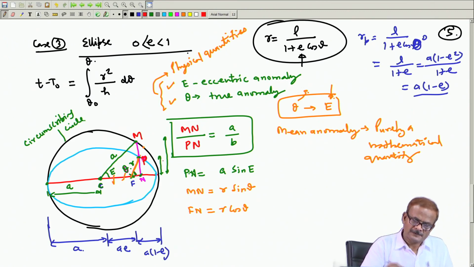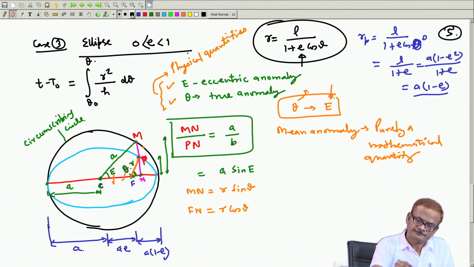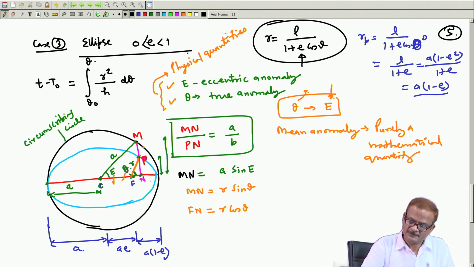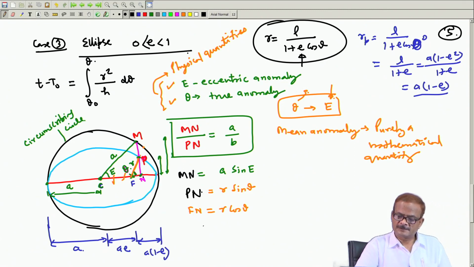So I will change here in this place also. Mn will be a sin E, Mn is the quantity from this place to this place, and Pn we will write as r sin theta, and the rest of the things are the same.